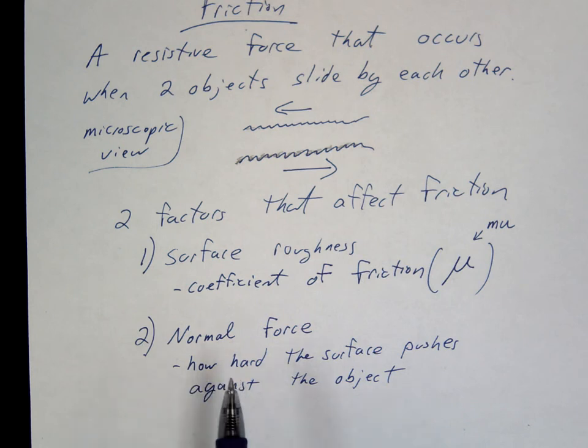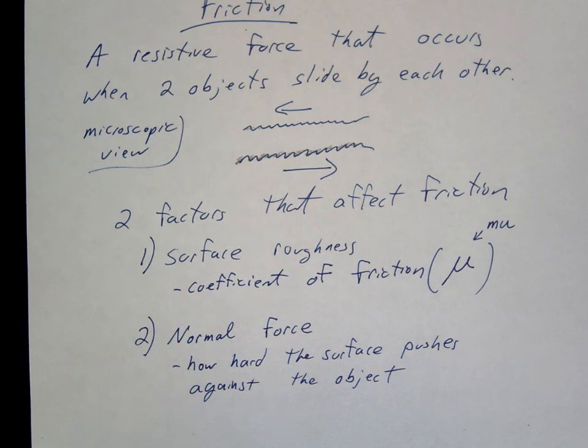Remember, the normal force is not necessarily the same as the weight. So if this was my book, let's say my book's 100 newtons. It's pushing down 100. How much is the table going to push back up? 100. However, if I put Bufar on top of this, let's say he's 50. Now how much is the table going to push up? 150.